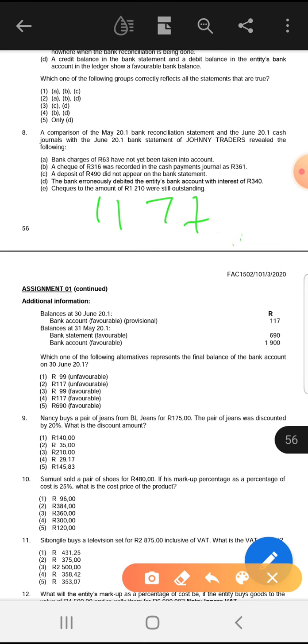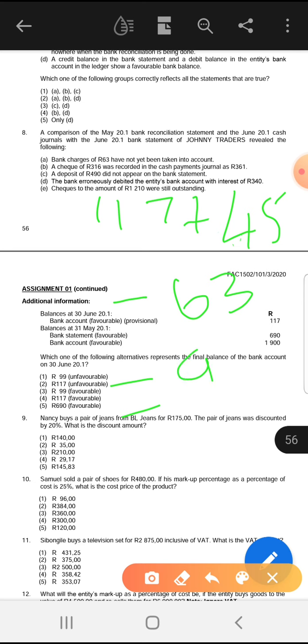There was an error, so we'll fix that error on our cash receipt journal. So we will include this 45 here because we're trying to reduce the cash payment. Then we will deduct the bank charges. It will give us 99.